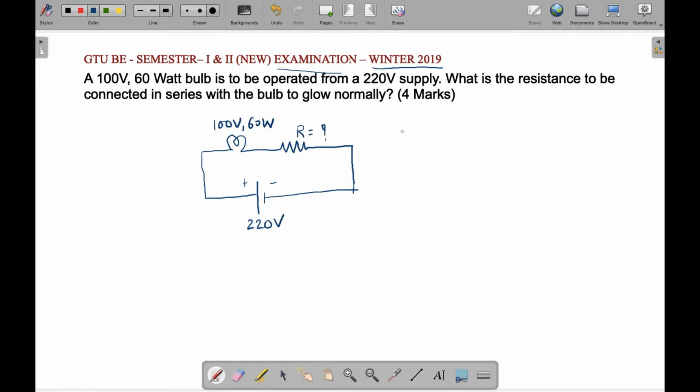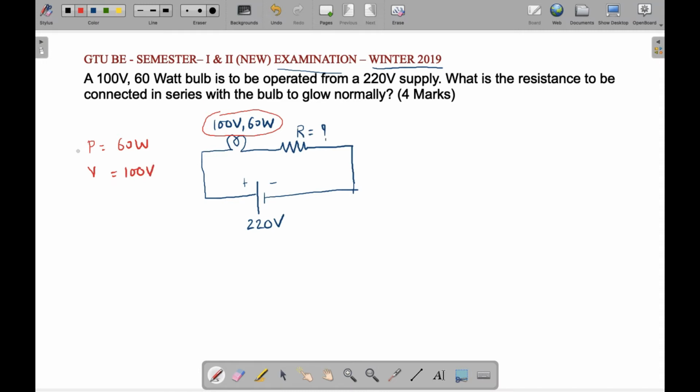Whenever the rating of the bulb is given like this, at this rating the bulb will operate normally. So the power of the bulb is 60 watt and the rated voltage of the bulb is 100 volt.